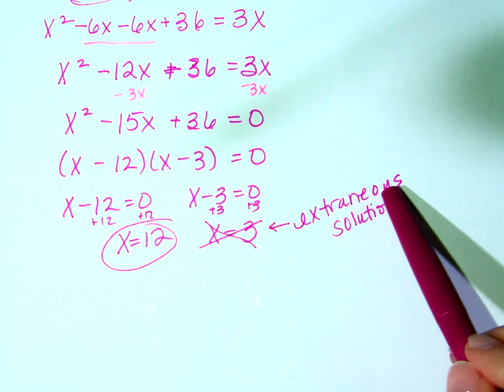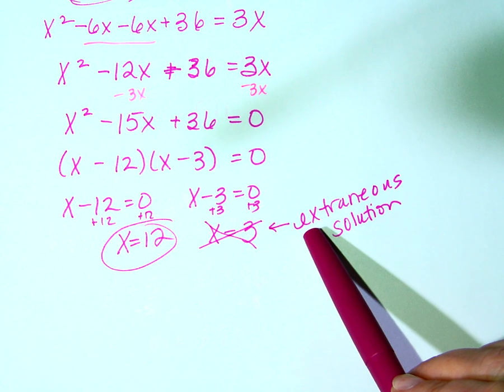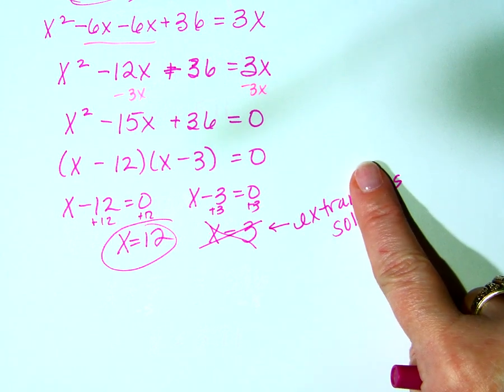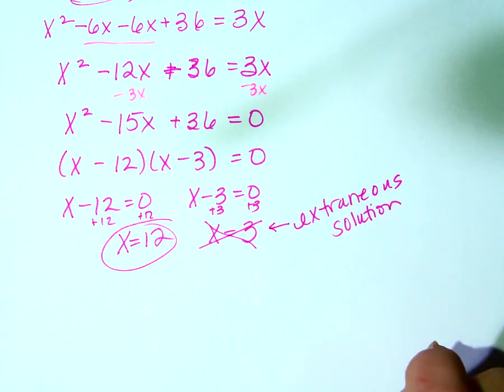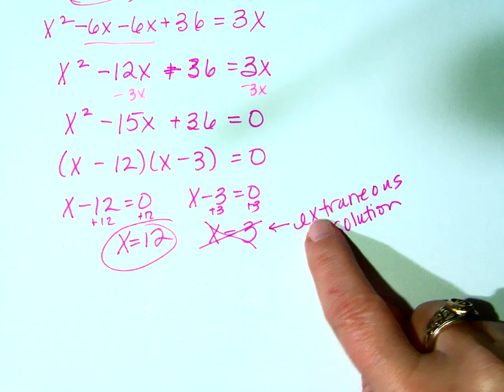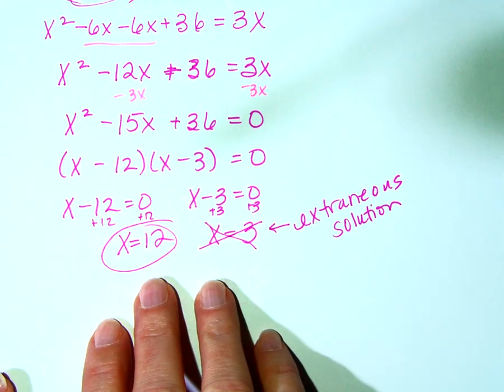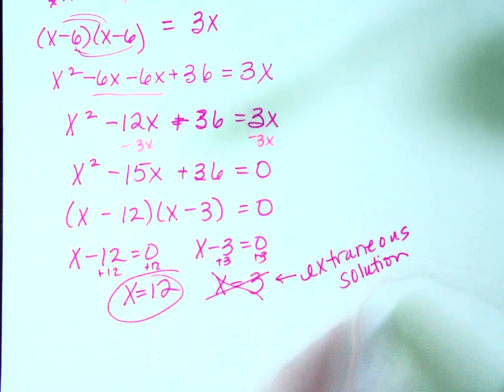What does this mean? Extraneous. It's an extra solution that doesn't work. An extraneous solution is one that I got. I didn't make any arithmetic errors, did I? No. But when I plugged it back into the very beginning, it doesn't work. So it's called an extraneous solution.